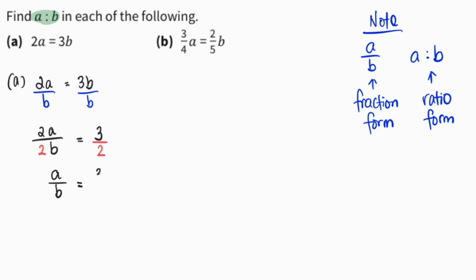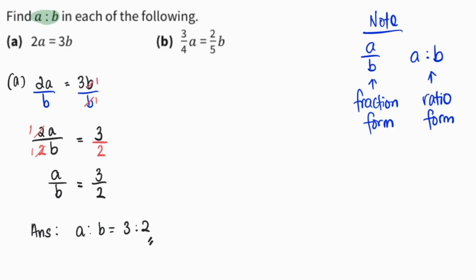And I have 3 over 2 because 2 divided by 2 equals to 1. Okay, just for completeness. And from here, I would then be able to see that since a divided by b equals to 3 over 2, a is to b is 3 is to 2.